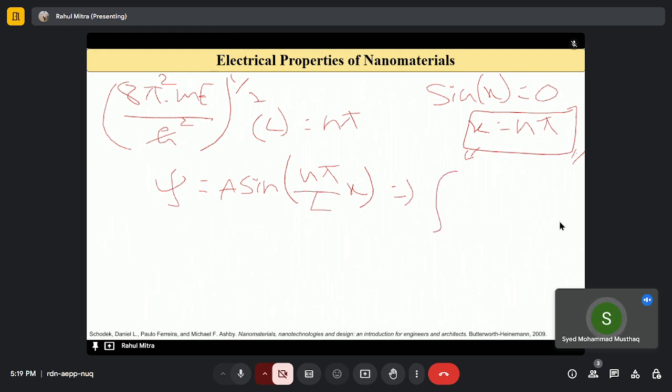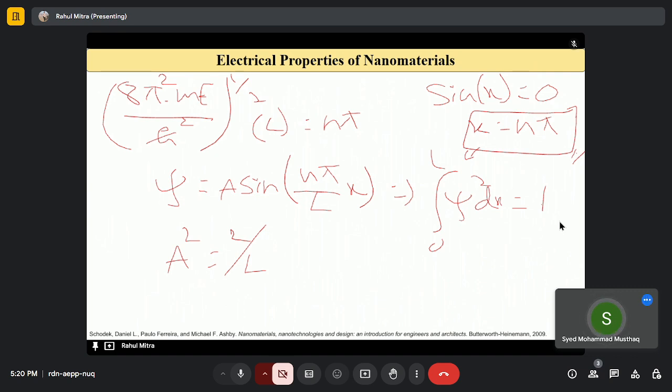Now to go for A, we have to integrate it again. We know the probability distribution from 0 to L, the total probability is 1, right? So integrating will give me 2 by L. Just a simple equation can do it.